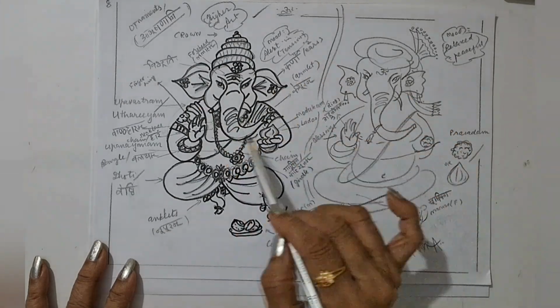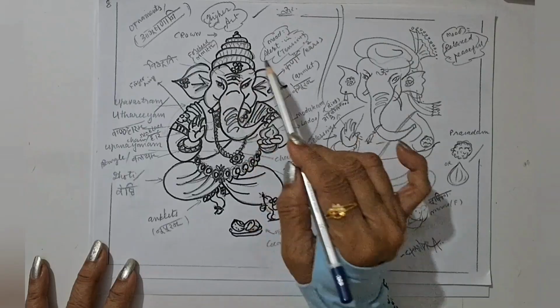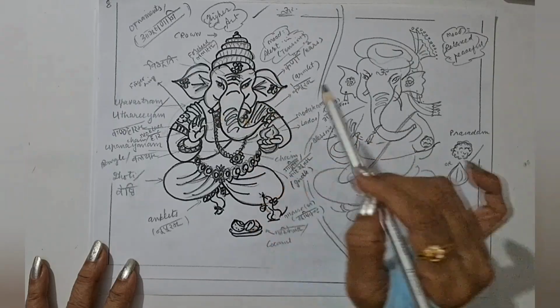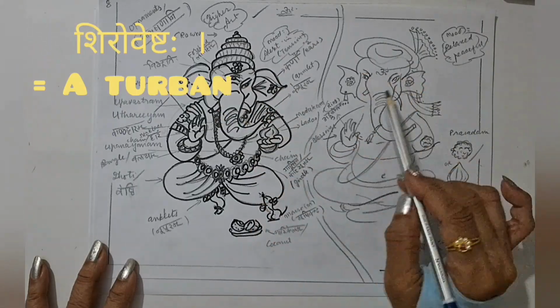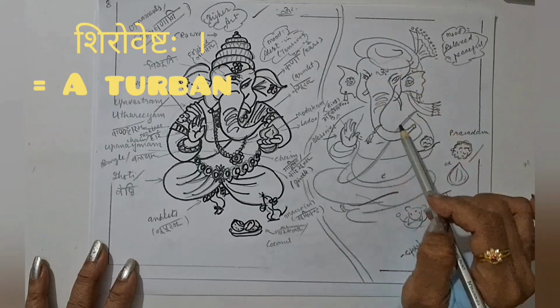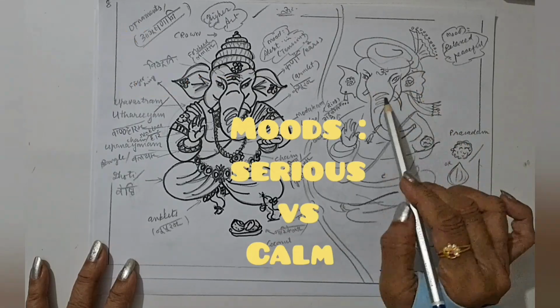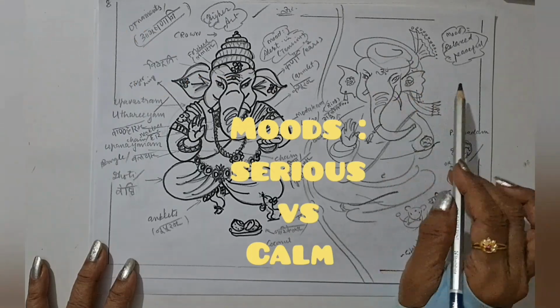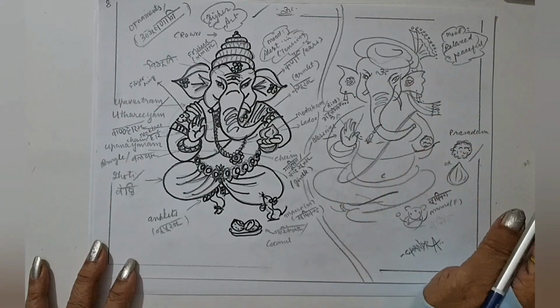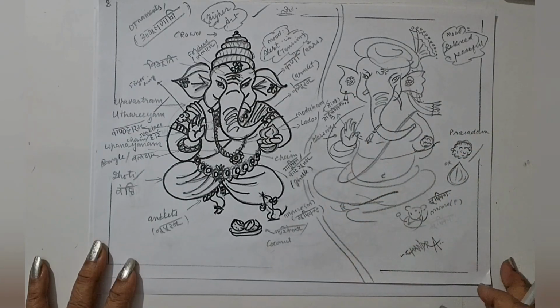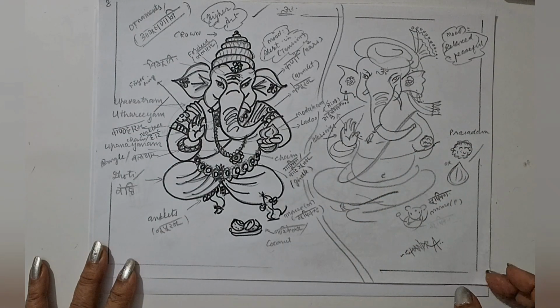So here you can see that he has an alert expression, and here with the turban, when he is wearing a turban like our Maharashtrians wear, he is in a relaxed and peaceful mood. So you can decide the mood also and draw accordingly.